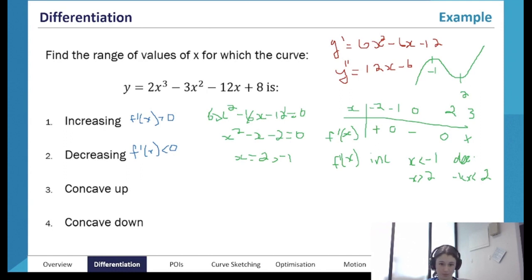So, let's find when the second derivative is equal to 0. So the second derivative, 6 equals 12x. x is going to be 6 divided by 12, which is going to give us 1/2.